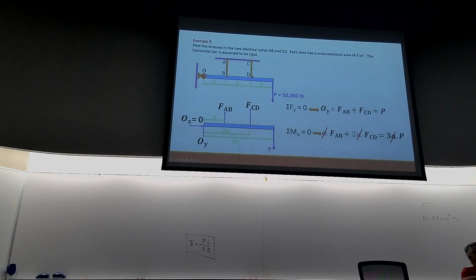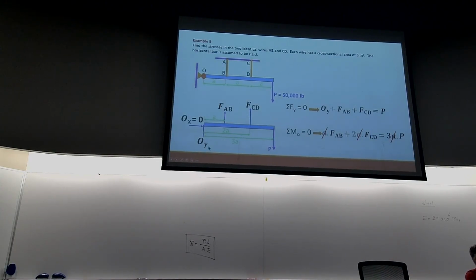So the wires are being pulled down, and they will be pulling up, as shown here, FCD for this wire, FAB for this wire. And this is a pin assumed to be frictionless. There is no force in the horizontal direction because there are no other forces in the horizontal direction, so this must be zero.